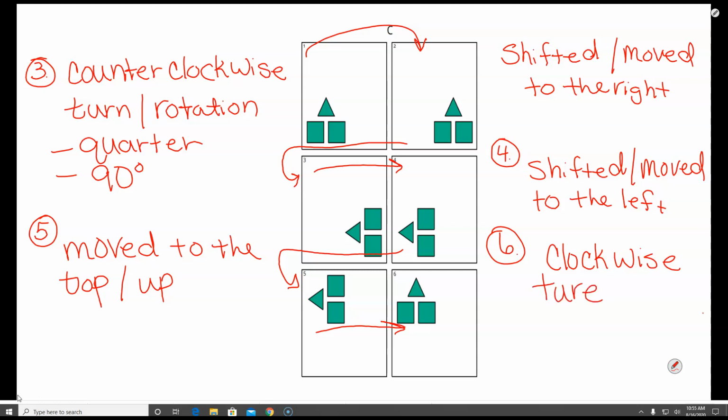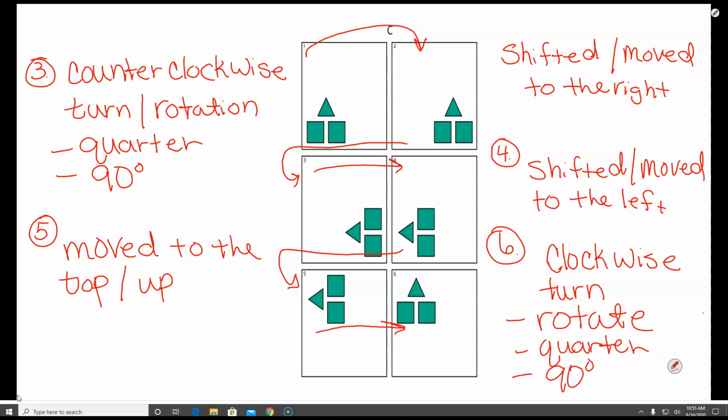Oh, spelled turn, right? Clockwise turn. Or we could have said it rotated clockwise. By how much did it rotate? We could have said it rotated a quarter of a turn. Or we could have said it turned 90 degrees clockwise turn. Okay?